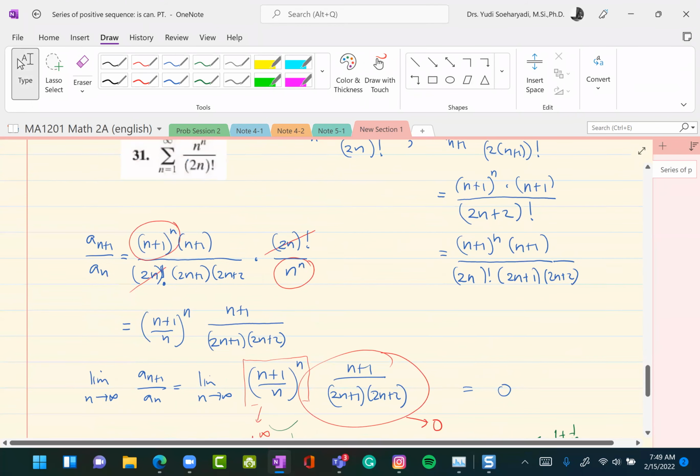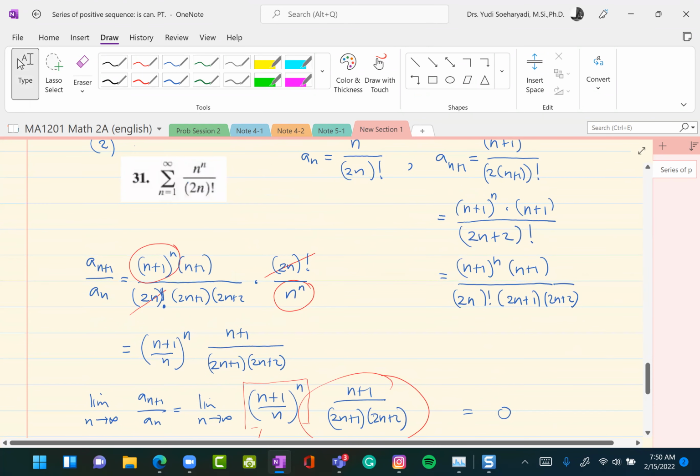Even with this, I call this super exponential because n to the n, this factorial is still larger than a super exponential.